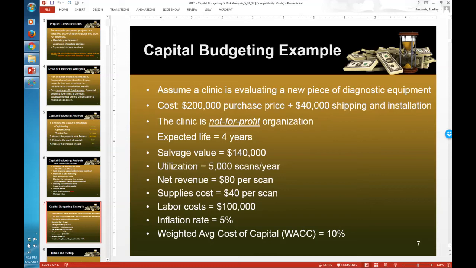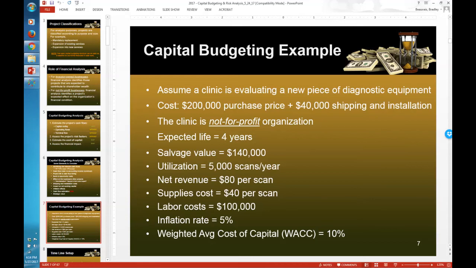Expected life is 4 years, with a salvage value of $140,000. Utilization is 5,000 scans per year, with a revenue structure of $80 per scan. Supplies cost $40,000, labor costs are $100,000, the inflation rate is 5%, and the weighted average cost of capital is 10%.